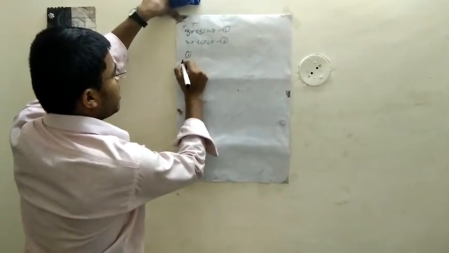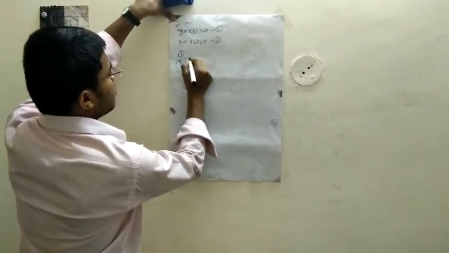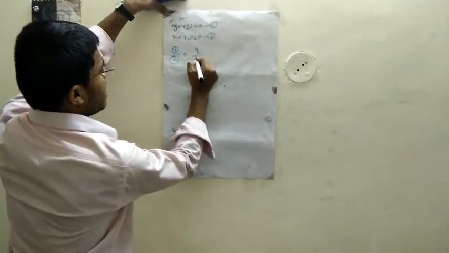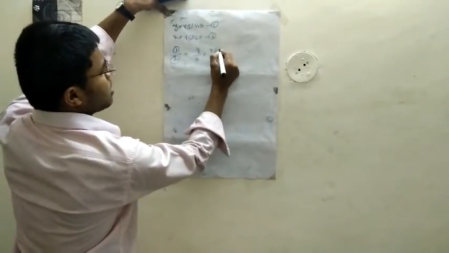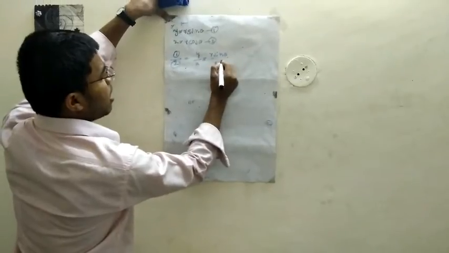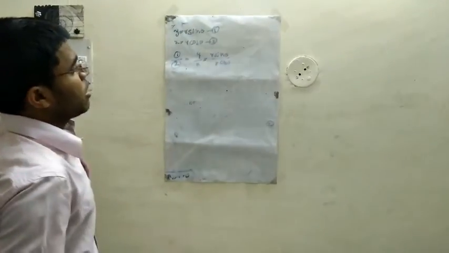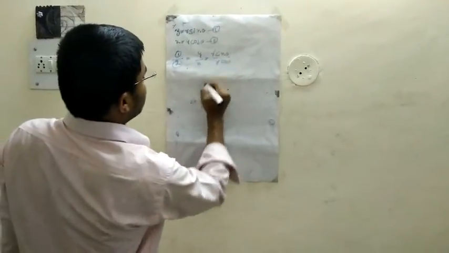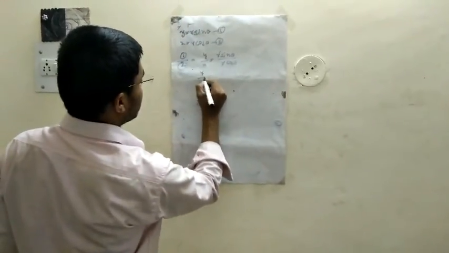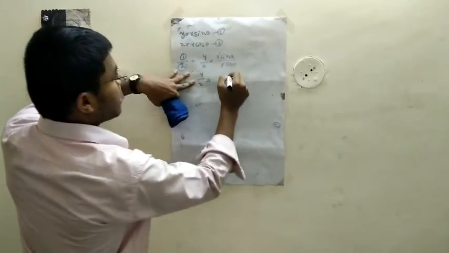Divide equation number 1 by 2. That is y by x equals r sin theta by r cos theta. Here r gets cancelled. Now y by x equals sin theta by cos theta.